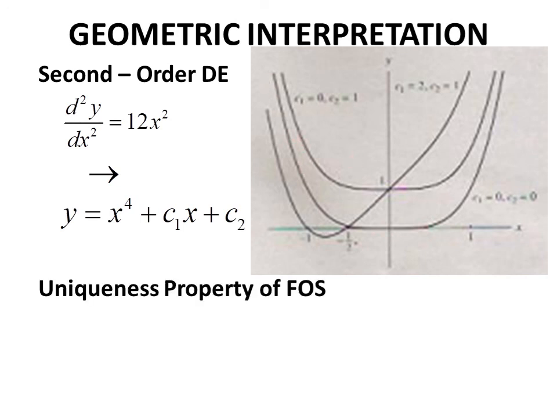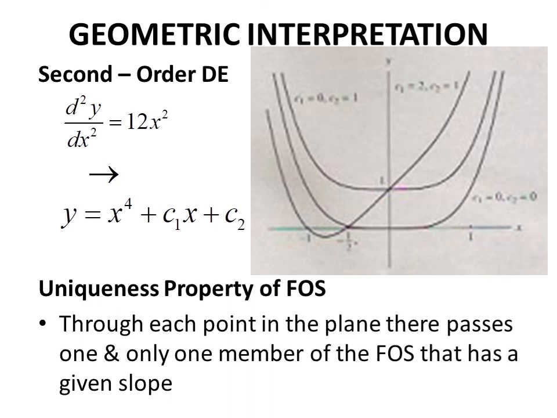Based on this plot, we have this uniqueness property of the families of solutions for a second order differential equation. Through each point in the plane, there passes one and only one member of the families of solutions that has a given slope. According to this plot, the solutions of a second order differential equation can overlap at some point, for example at this point and another overlap at this point.